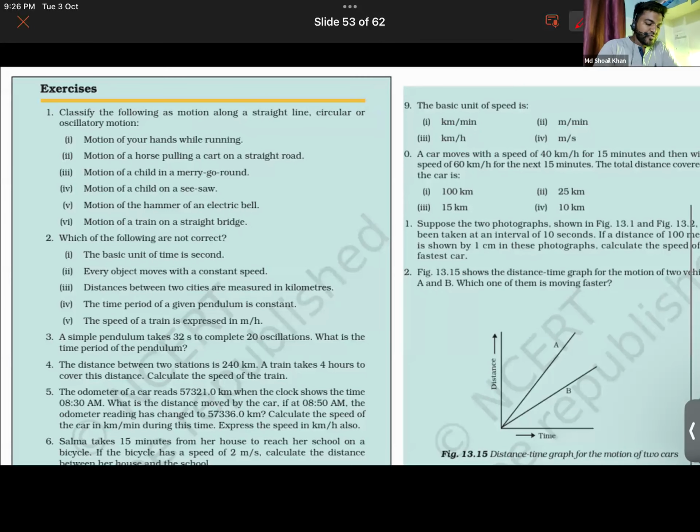No problem in the first question? Chakrika, Sundus, Vaiga, you have to read the question and see if you have difficulty in any. Sir, what is a seesaw? Motion of a child on a seesaw.